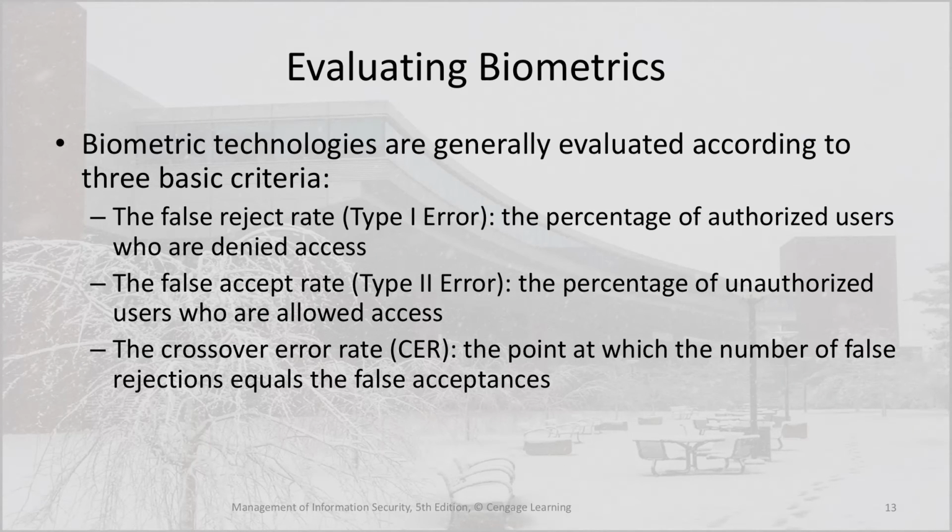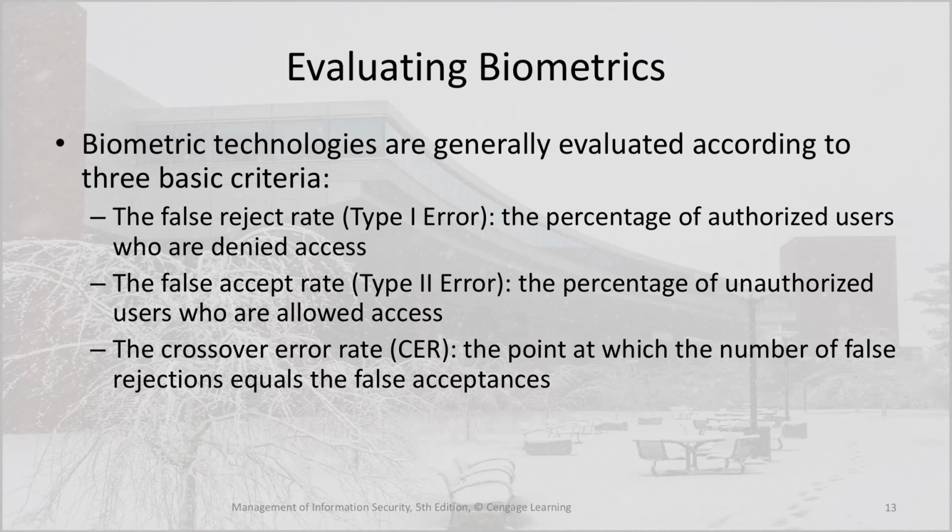Biometric technologies are generally evaluated according to 3 basic criteria. First is the false reject rate, the percentage of authorized users who are denied access. Second is the false accept rate, the percentage of unauthorized users who are allowed access.